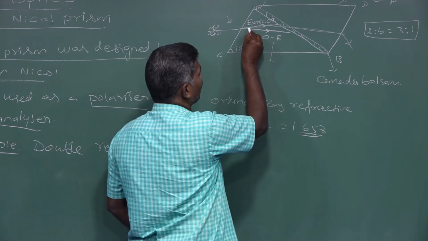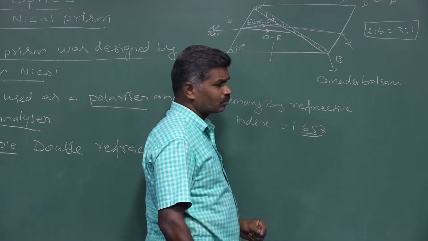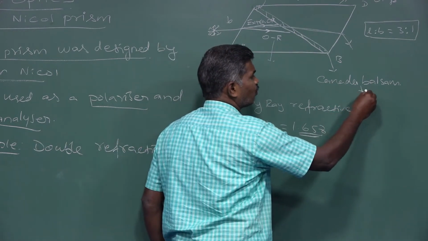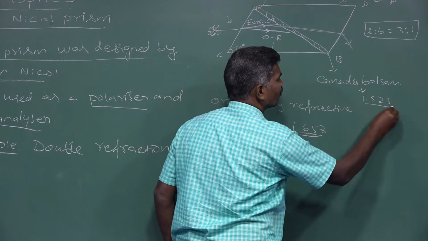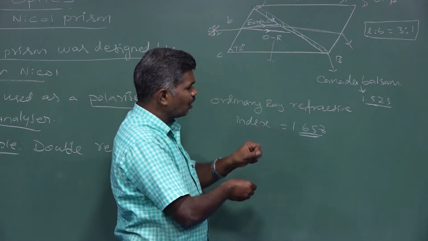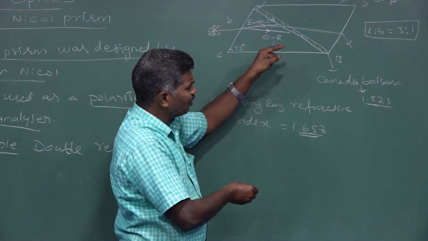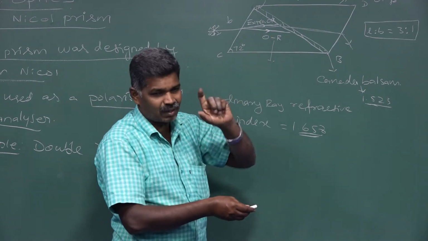That ordinary ray travels towards the Canada balsam, which has refractive index 1.523. What is the meaning of this? It means that the calcite crystal is denser, the Canada balsam is rarer.